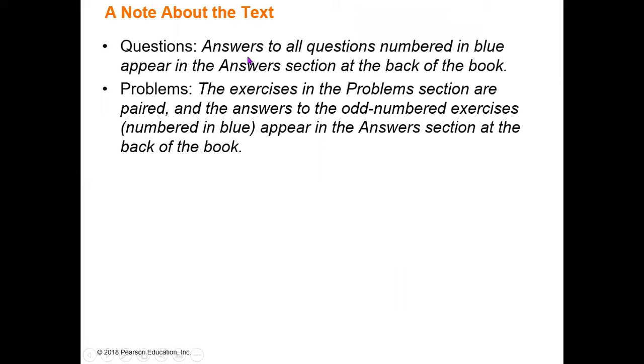Questions: answers to all the questions numbered in blue appear in the answers section at the back of the book. The exercises in the problems section are paired, and the answers to the odd-numbered exercises numbered in blue appear in the answer section at the back of the book. And then the even-numbered ones are similar.